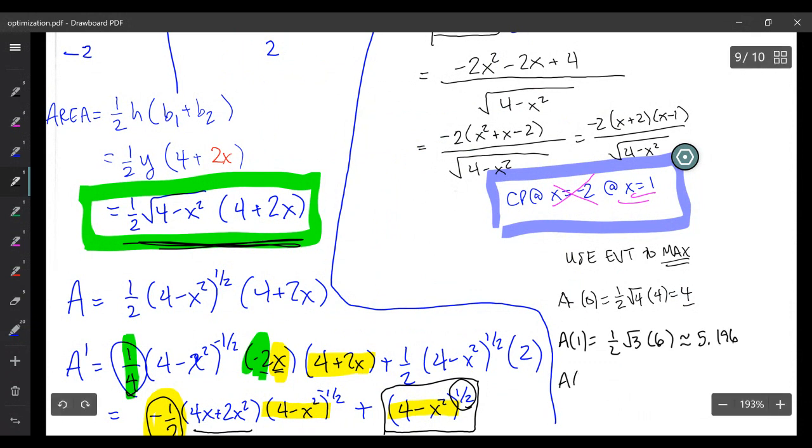So that's already bigger. And then if I put a 2 in, we already talked about this at the beginning, you'd get just a horizontal line. You get an area of 0. So that means that the maximum area is right here.